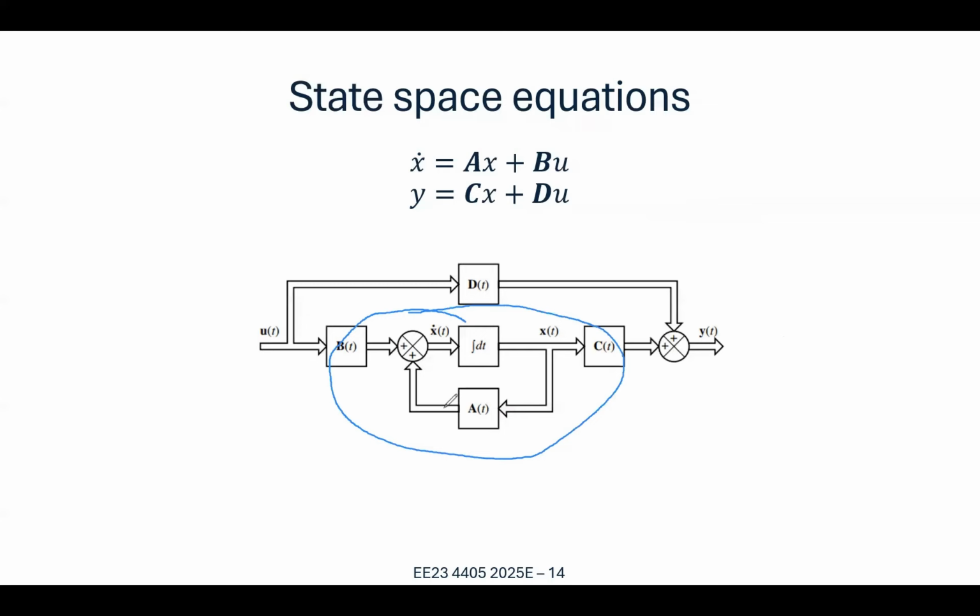As we can see, here is the states x, which is the output of this integral. And then there is the x dot, so this process of differentiation. Well, here x dot is B times u plus A times x.